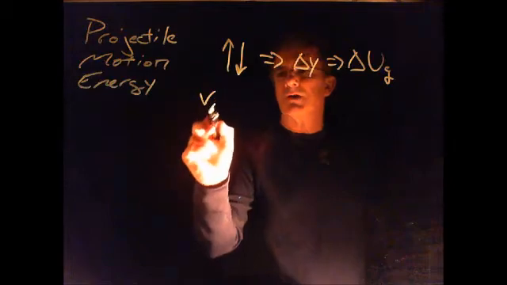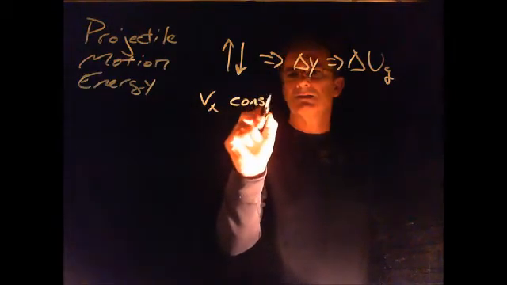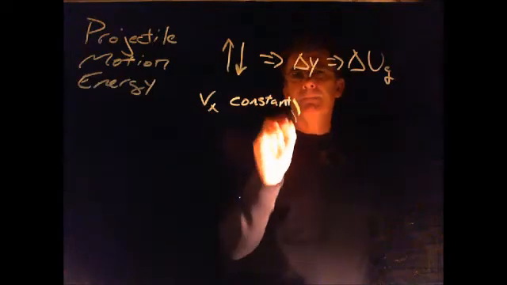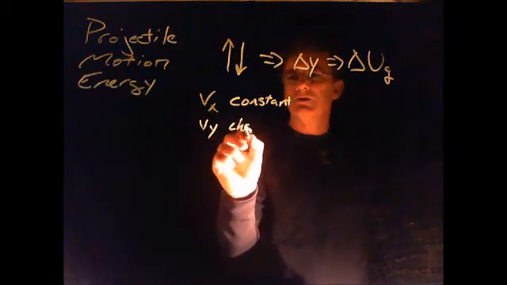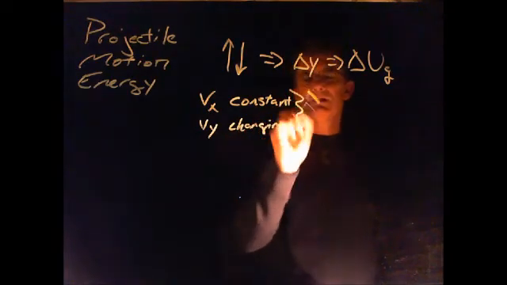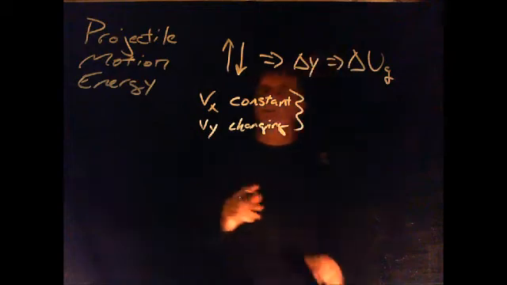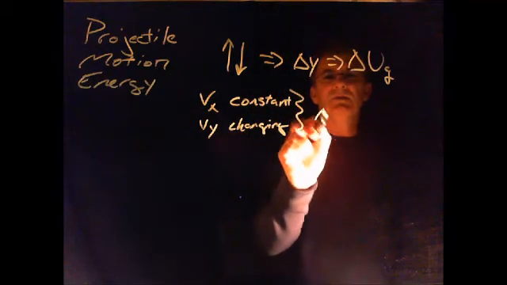With a projectile, the velocity in the X is constant, but the velocity in the Y does change, which means, and this is where you have to be careful with the kids, the overall velocity is changing.